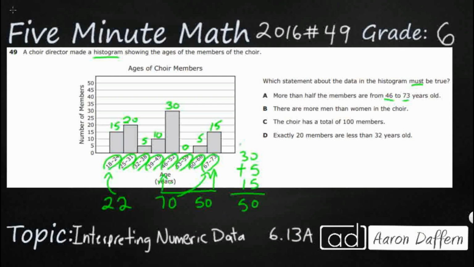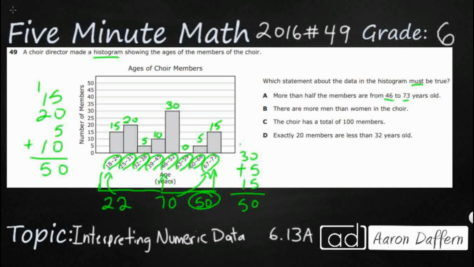Now I've got to find this other chunk here from 18 to 45. And so I'm just going to put a circle there so I have that. Let's see, I've got 15, I've got 20, 5, 10. So let me see, that is going to be 10. Oh, look at that. It's also 50.